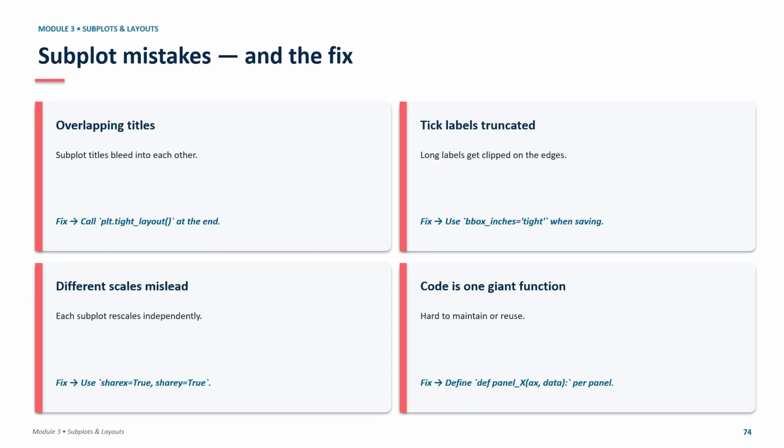And these are some of the common mistakes that learners make when using the subplots method. The first is the overlapping title, which can be overcome by the tight_layout method. Second is the tick label truncation, which can be overcome by using bbox_inches equal to tight when you save, so this helps you avoid the tick label truncation. Then different scales mislead, as each subplot can rescale independently.